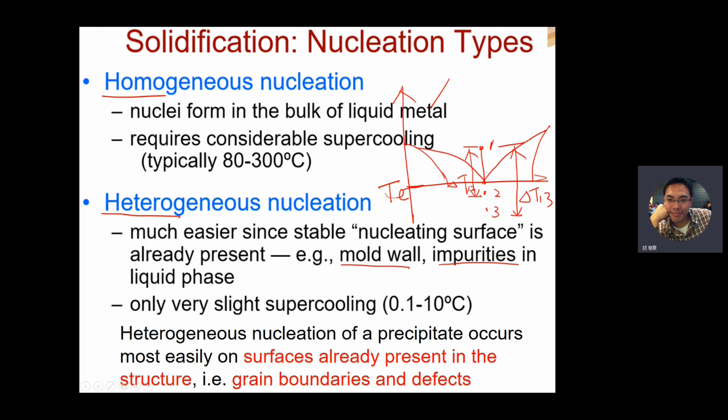This kind of nucleation needs only slight supercooling, which means the delta T is small. We don't need a higher driving force to form heterogeneous nucleation. This kind of nucleation of a precipitate occurs mostly on surfaces already present in the structure, like grain boundaries or defects.